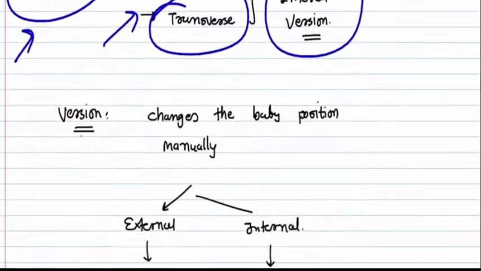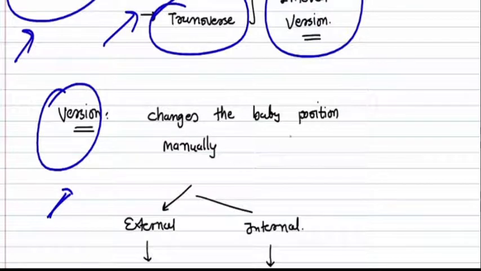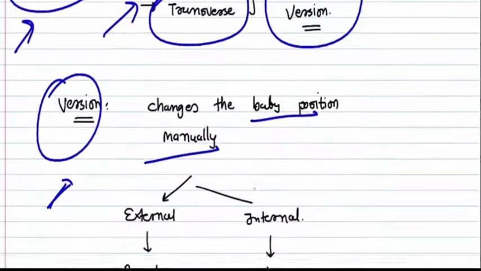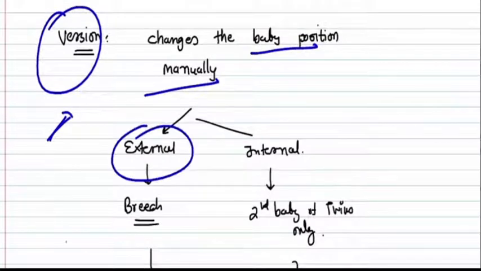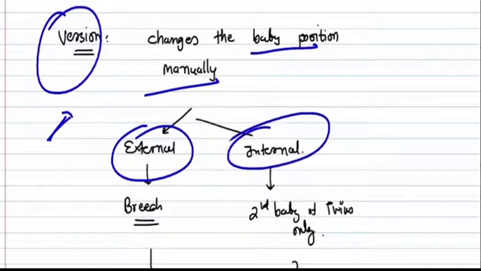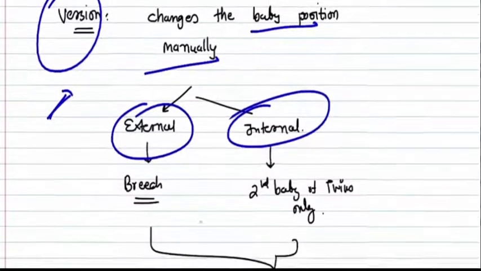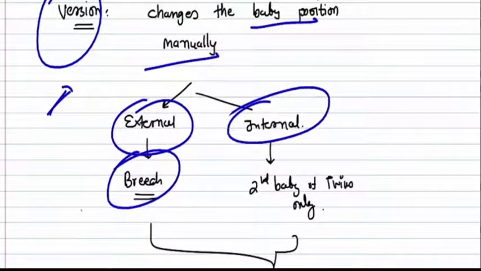Now let's discuss version. Version is nothing but changing of the baby's position manually. It can be done externally, that is called external version, or internally, called internal version. The external version was done in the past where cesarean section was not readily available, in which breech or transverse presentation babies were inverted, version was done and they were taken into vertex position.